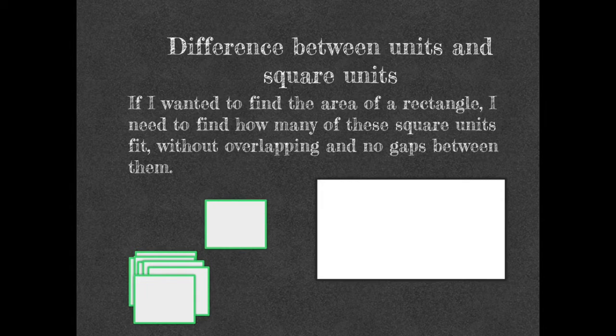If I wanted to find the area of a rectangle, I need to find how many of these square units fit without overlapping and with no gaps between them. So if I have this rectangle and I want to find all of what's inside, not just the edges, I would take my square units, let's say these are square inches, and see how many fit inside.